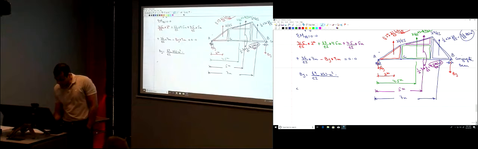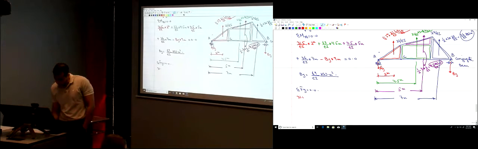And then you take the summation of the forces in the y direction equal to 0. What are the forces in the y direction? You have this red force, the 31.5 divided by EI. You have the green force, which is 63 divided by EI. You have the purple force, which is 4.5 divided by EI.